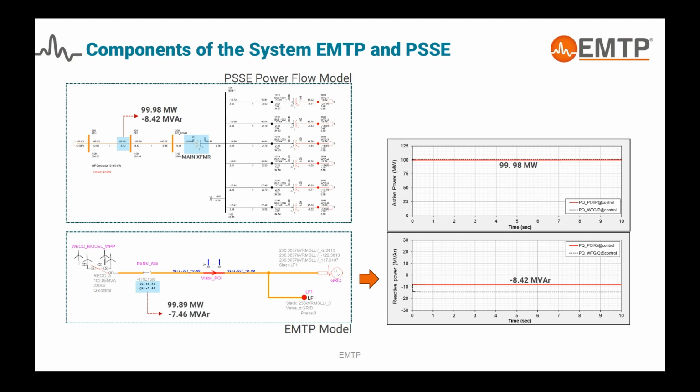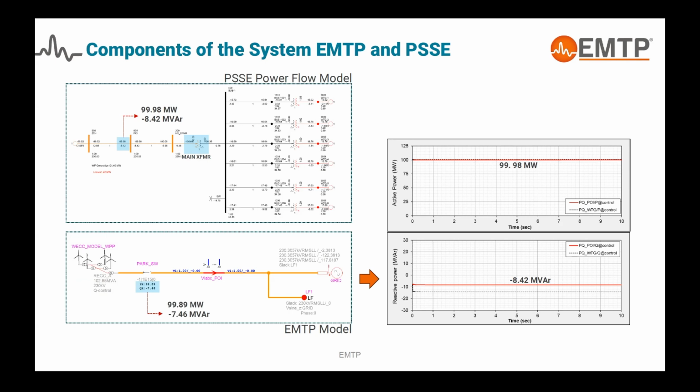Here is the POI, and the flow at the POI is around 100 megawatt, more specifically 99.98 megawatt and minus 8.42 megavar. And here in EMTP, when we solve the load flow before initializing the simulation, this is the result that we got at the POI: 99.89 and minus 7.46 megavar, right?